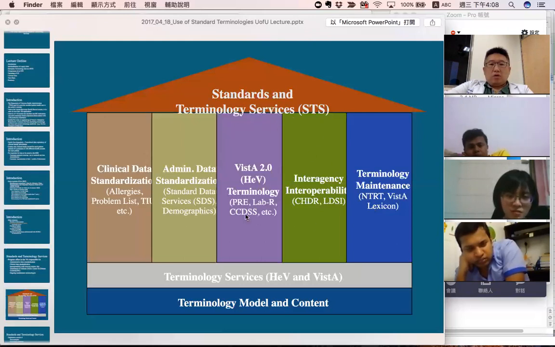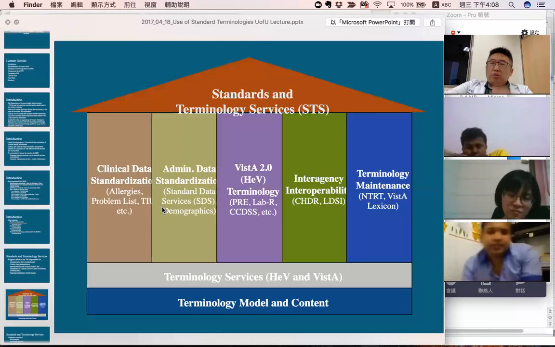So here I give you some architecture. Previously we showed you the health system architecture. Then this is another architecture map of the VA system. But mostly they look similar.